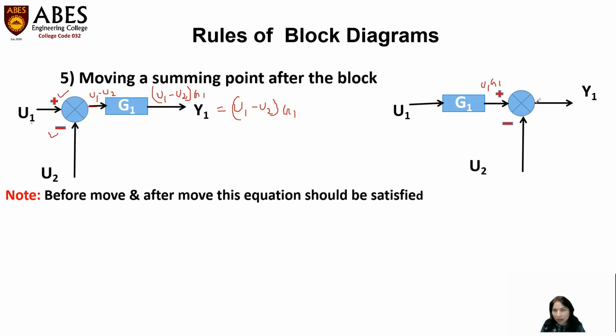So at this point I get u1 g1 minus u2. Basically the value of y1 I got is u1 g1 minus u2. Now just match it. Here, if I open the bracket, I get g1 u1 minus g1 u2, right?